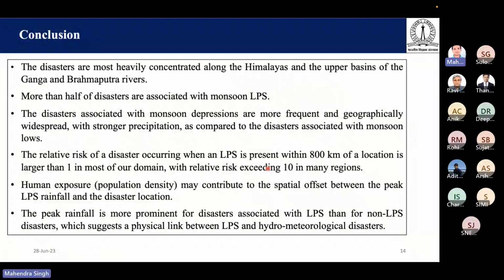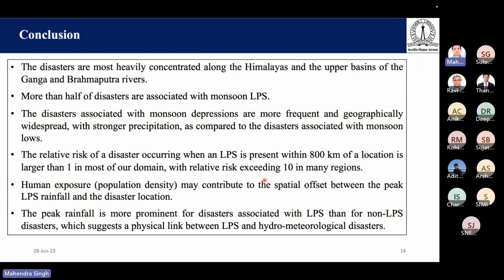As we saw, rainfall peak mostly happens in the southwest region of LPS, and disaster happens in the northern part of the LPS. And the peak rainfall is more prominent for disaster associated with monsoon low pressure system than the non-LPS disaster.